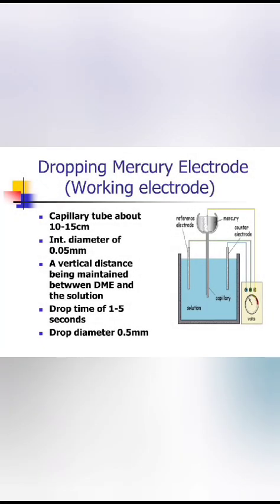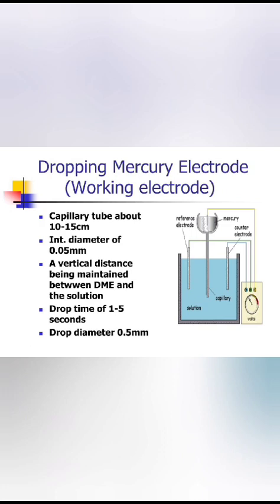Now we are going to see about the dropping mercury electrode, DME. What is DME? DME is denoted as dropping mercury electrode. It is used in polarography to get quantitative and qualitative analysis of substances. In this electrode, the mercury is constantly dropped into the solution from the mercury reservoir with the help of capillary tubes.